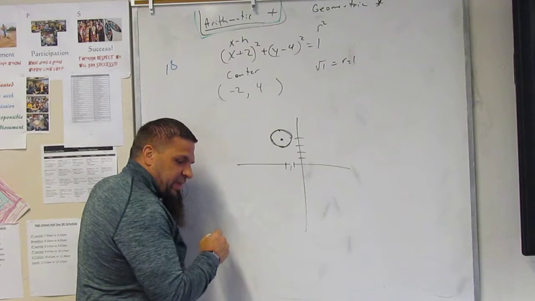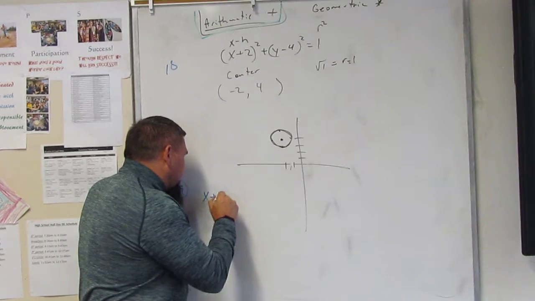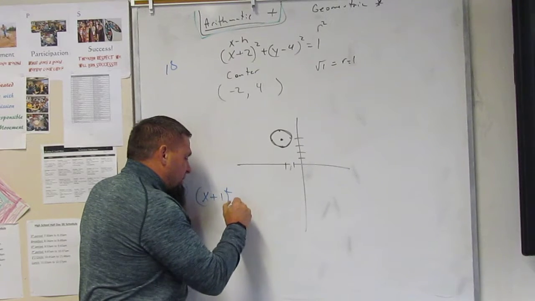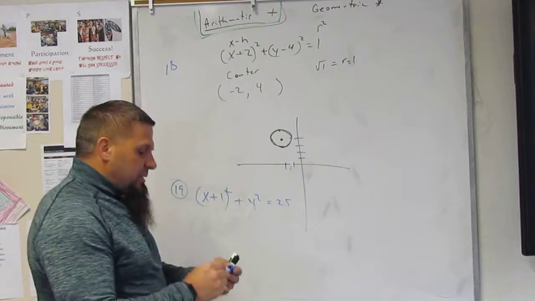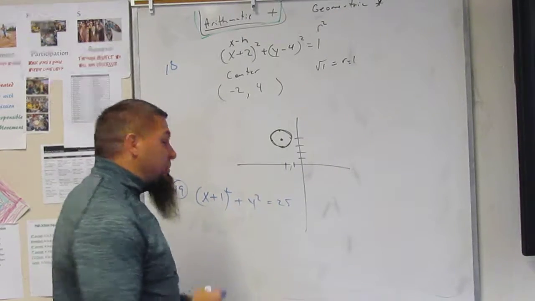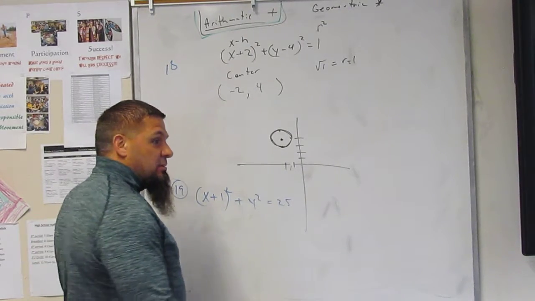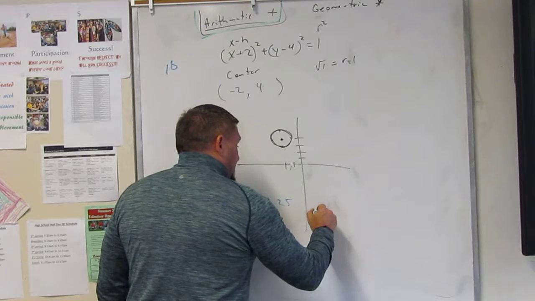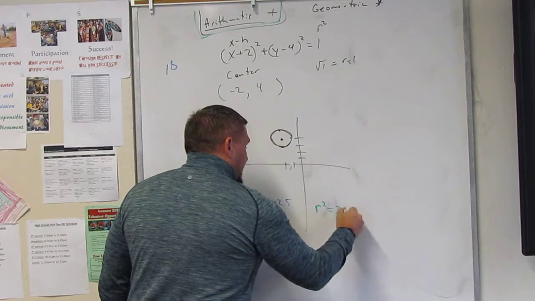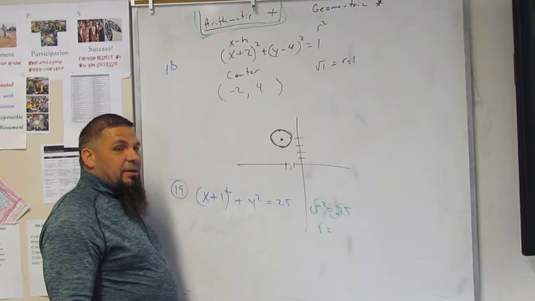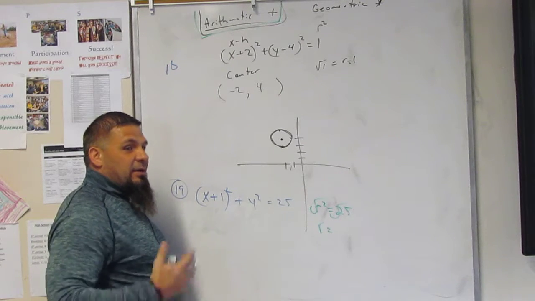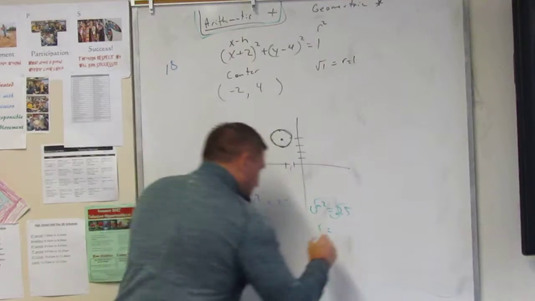Okay? So basically they say it's x plus 1 squared plus y squared equals 25. So first of all, can you tell me what the radius is? Remember, 25. r squared equals 25, so the square root, r equals 5. Good.